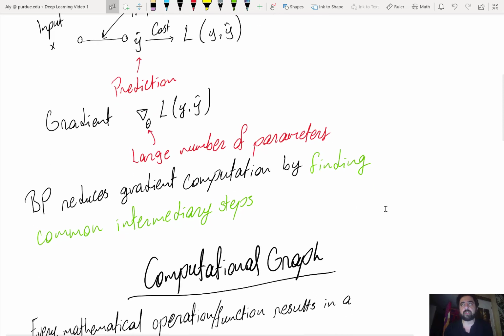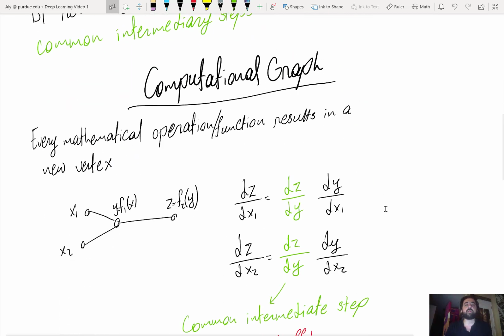And to do that, it relies on an abstract concept that we'll explain right now, which is called the computational graph. The computational graph is basically a graph where every mathematical operation that happens in the forward propagation is represented as a vertex, right?